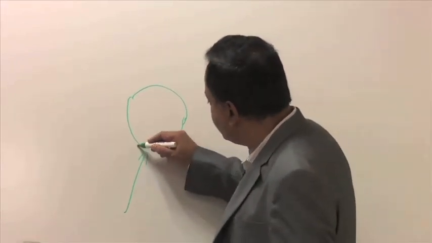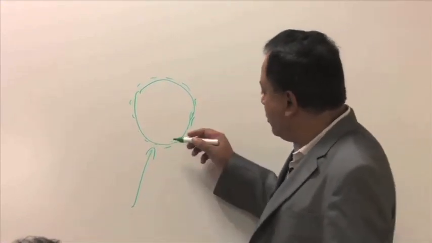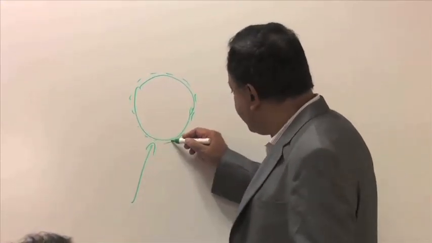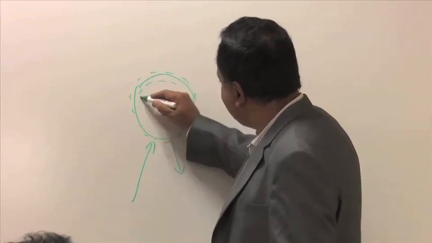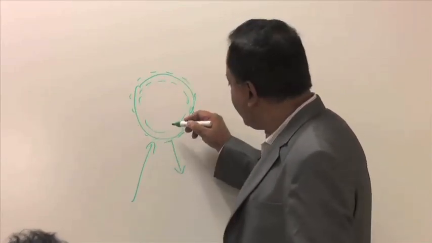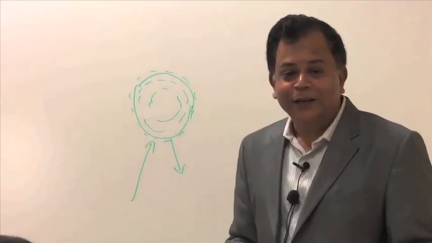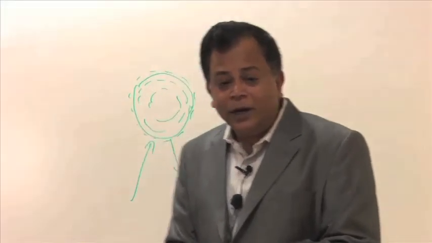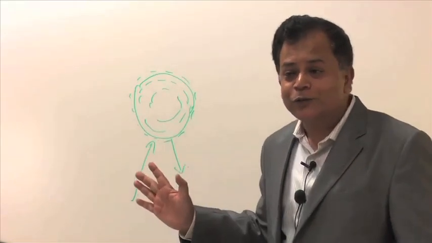The available surface is this one, isn't it? Whatever metal comes into solution, only then can it reach the next layer. When that comes into solution, it reaches the third layer, and so on. So, what will happen? If my particle size is very big, the kinetics of this process will be very slow.